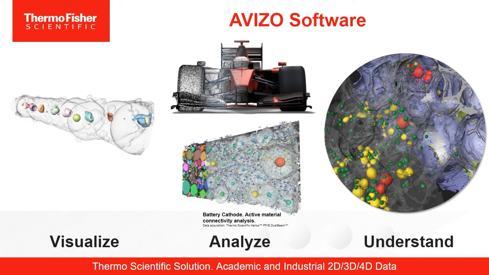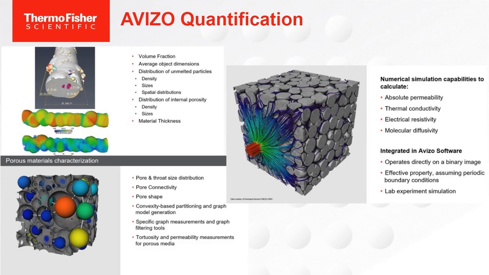Sometimes visualization is enough, and sometimes you have to take the next steps and go to the analysis, and other times you really have to iterate amongst all those several times before you become really able to describe and truly understand your materials.